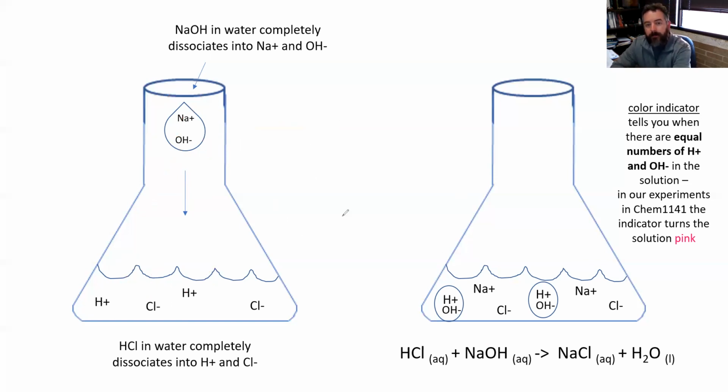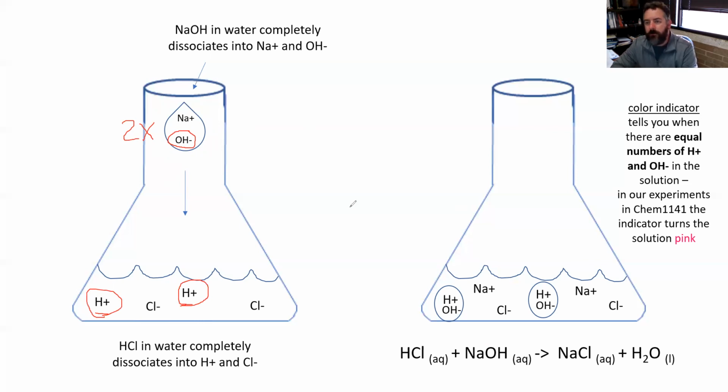In this particular example, we have two hydrogen cations, so we'd have to drop 2 of these droplets, because each droplet in this cartoon contains 1 hydroxide, and each hydroxide needs to react with 1 hydrogen cation.